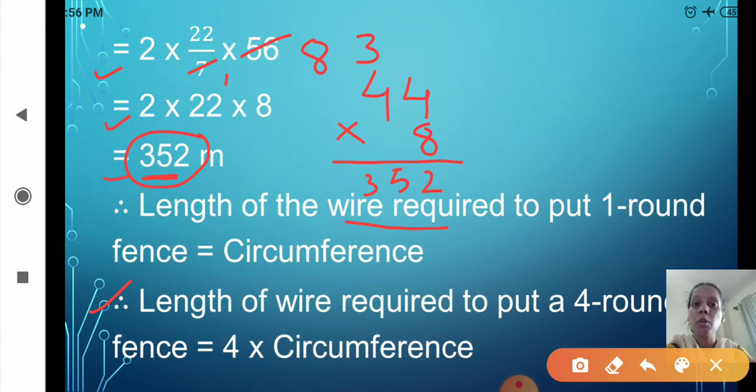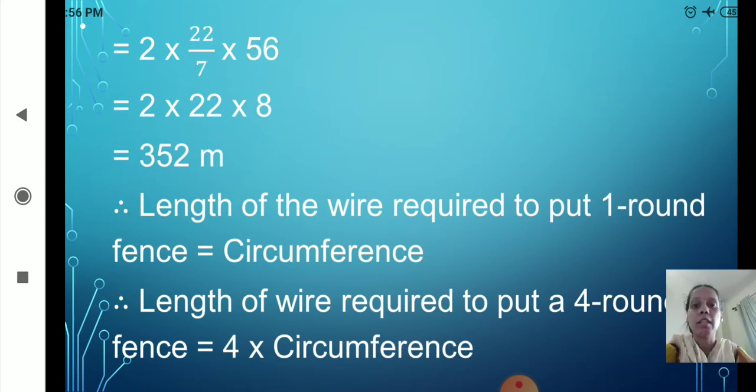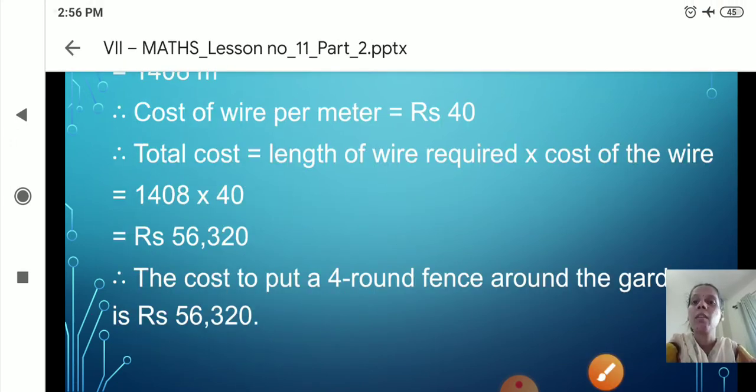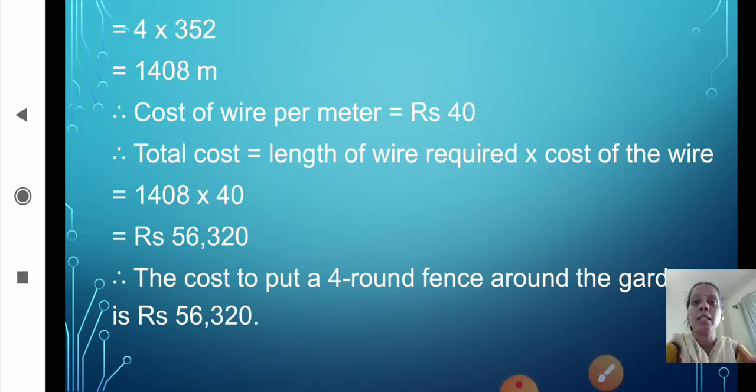That is 352 multiplied by 4. So first we write the length of the wire required to put 1 round fence is equal to circumference. Therefore the length of the wire required to put 4 round fence is equal to 4 multiplied by circumference. Now the next step is, 4 multiplied by circumference, which is 352 meter.